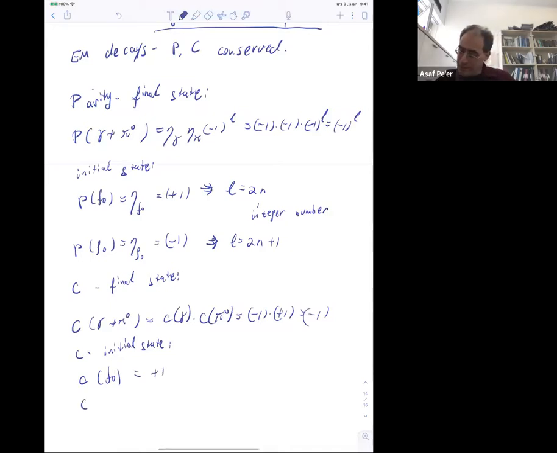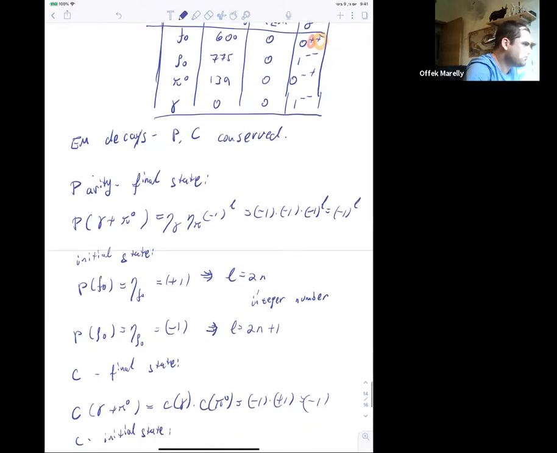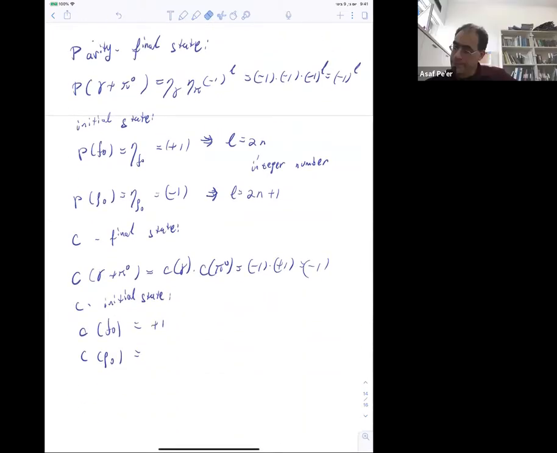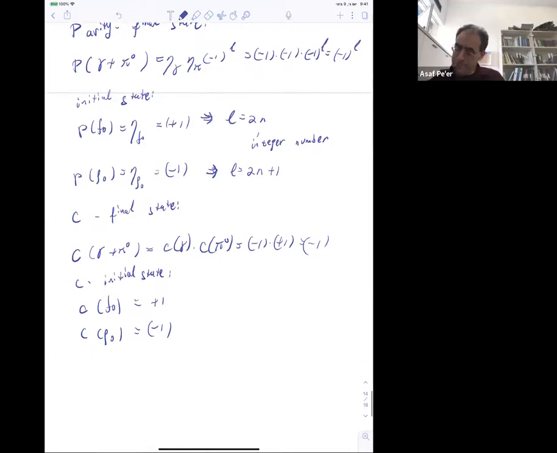And what is C of the rho particle? It's a minus 1. So, which of the decays is allowed? The rho, right? So only the decay rho goes to photon plus pion 0 is allowed.